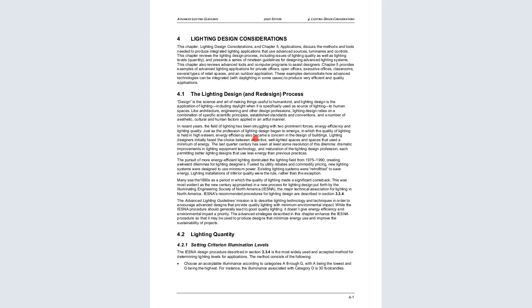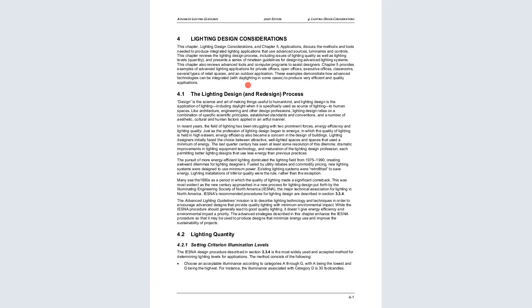So, lighting design application. This chapter is going to discuss the methods and tools needed to produce an integrated lighting application that uses advanced sources, luminaires, and controls. The review of the lighting design process, including issues of lighting quantities as well as lighting levels, is presented in a series of 19 guidelines for designing advanced lighting systems.